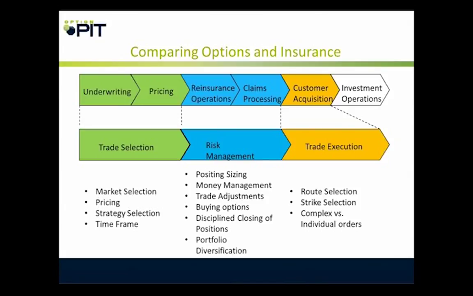And then buying options to hedge, things like that. Then you've got disciplined closing, portfolio diversification, and trade execution, which is how you do the trade: route selection, strike selection. Do you leg into your trades? Are you using charting to get in?